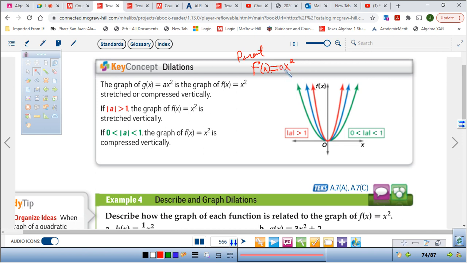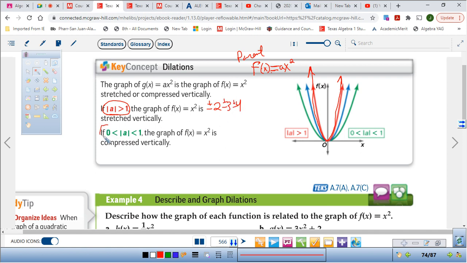But if you put an a there that isn't 1, and the absolute value of a is greater than 1, what does it do? It makes it take off real fast. Shoot up real fast. Think about that. Put in the x value, my y value is way bigger because I multiplied by something. Now, if that's like a 2, a 3, a 4, positive or negative, it makes it take off faster.